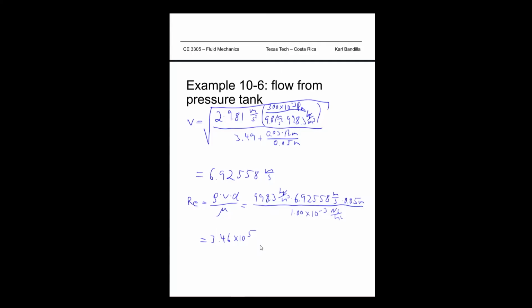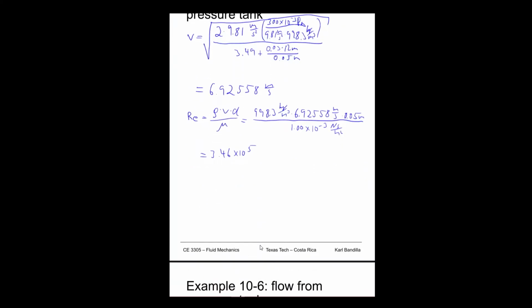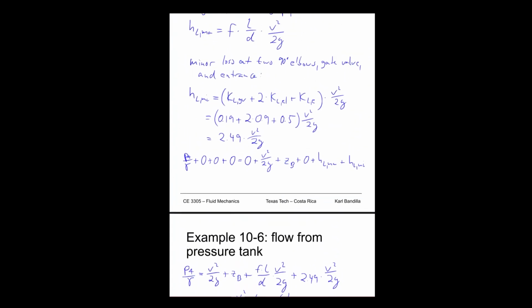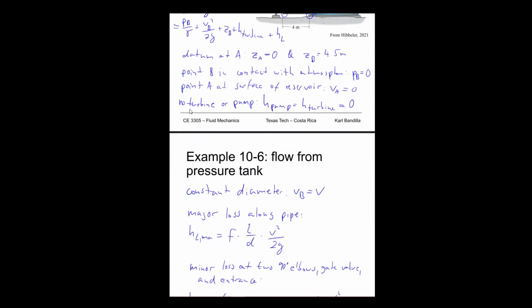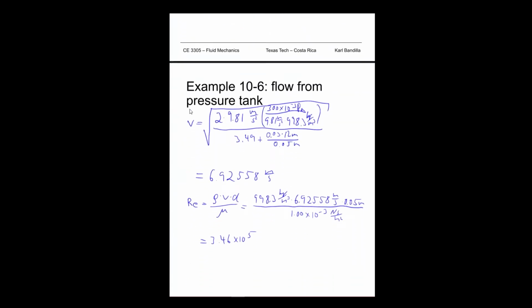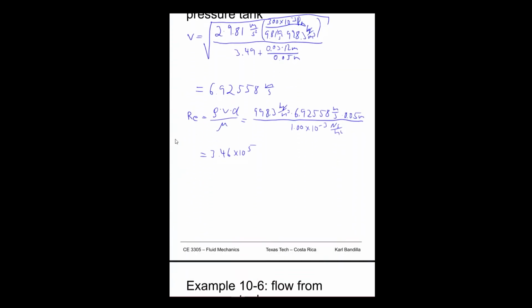So we'll have to use our Moody diagram. To do that, we need to look up what our roughness is. It doesn't say it specifically, but it says galvanized iron, so we can go look that up. Galvanized iron pipe.